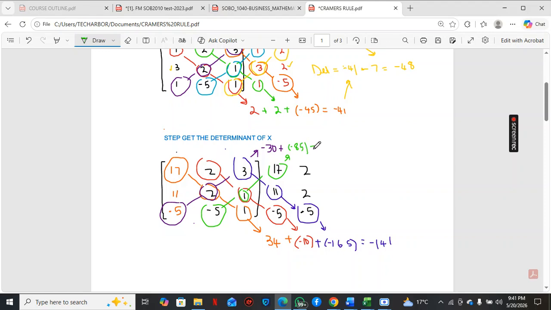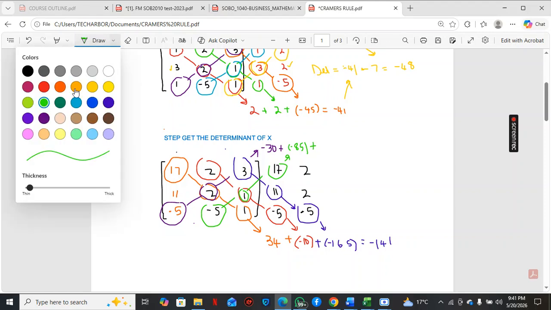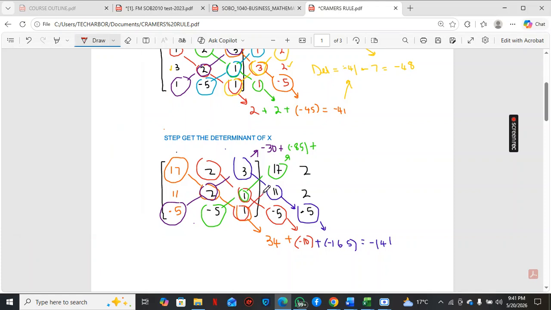Plus 1 times 11, that is 11, times 2, that is 22. So you say negative 30 plus negative 85 plus 22, and get negative 93.